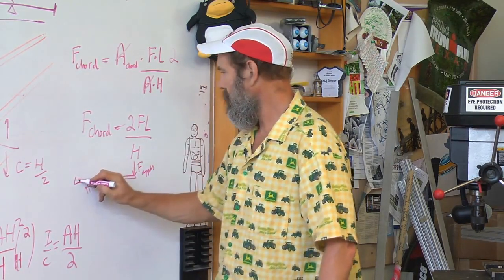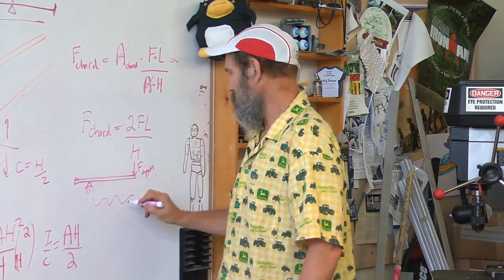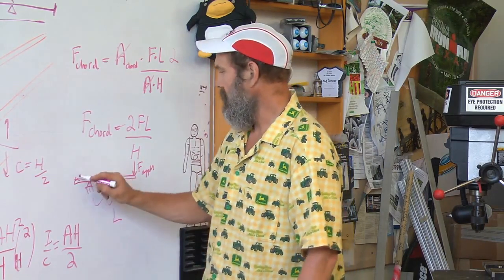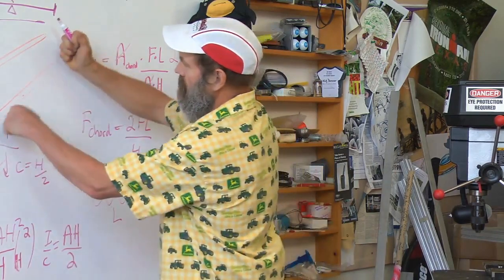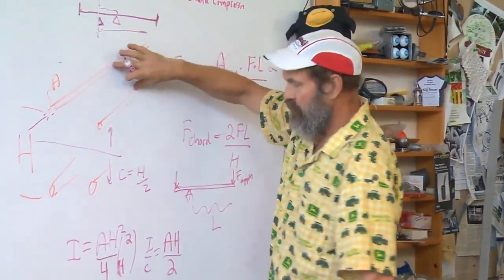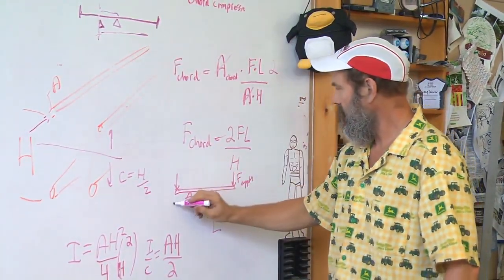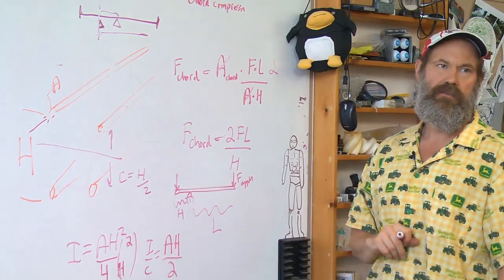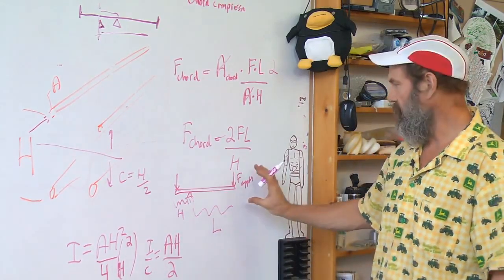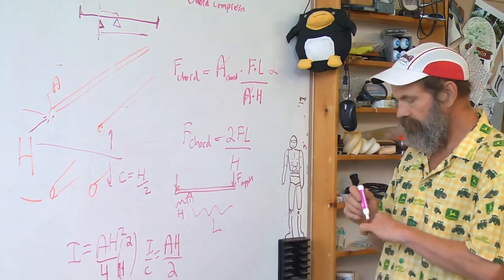So this is analogous to the length of the beam. And then the balancing force pulling or pushing on these chord members is analogous to the height of the truss. So that's a very important physical realization.